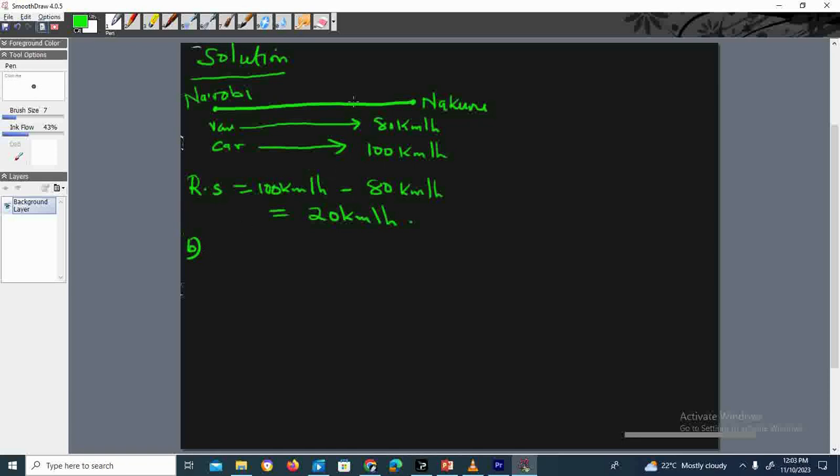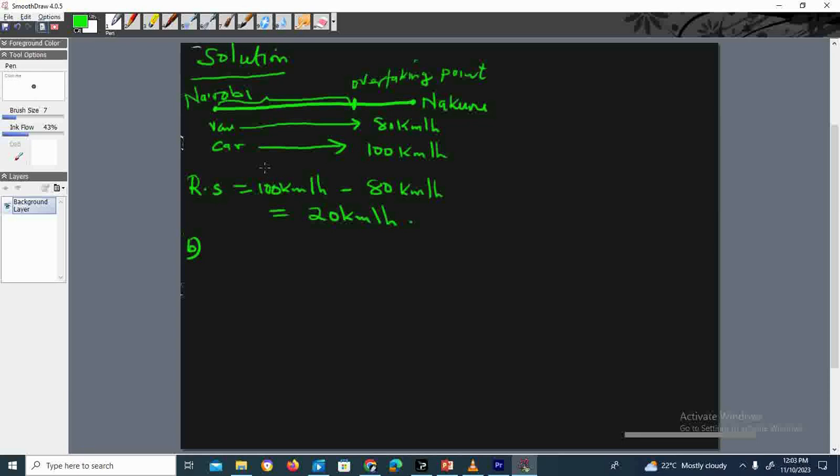So assuming they met at a point here, not meeting but this overtaking point, this is the distance we're looking for. The distance from Nairobi to this point where the car overtook the van.